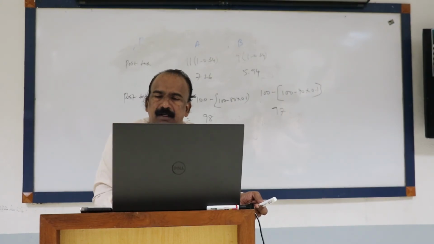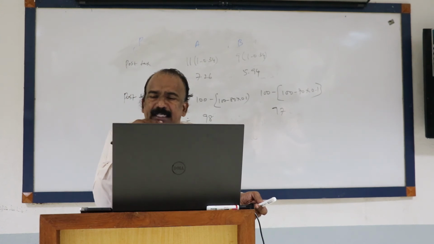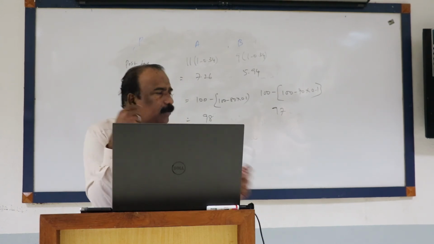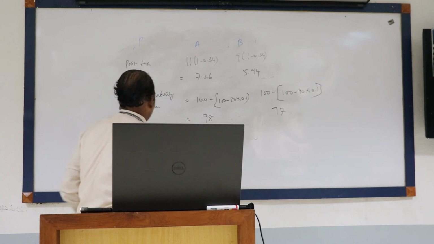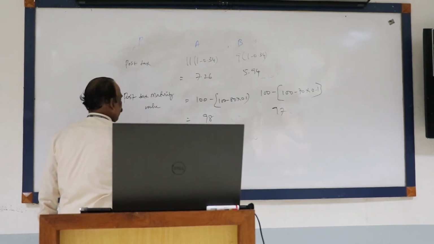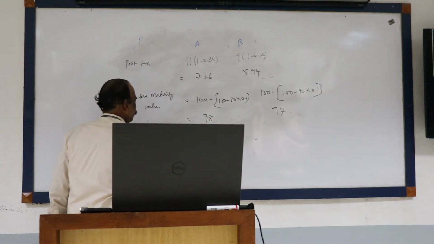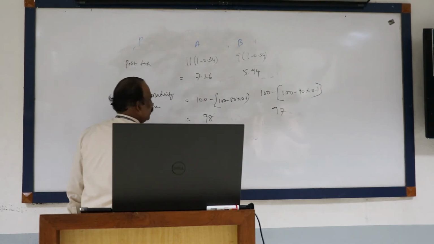Okay. Then you have to calculate YTM. For YTM, you can use any equation. Either you can use equal weightage or 0.6 weightage. You can use equal weightage, no problem. So that is post-tax approximate YTM. That is the interest payment.